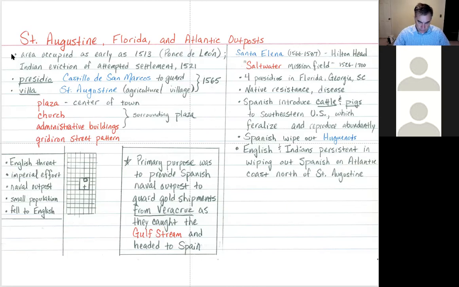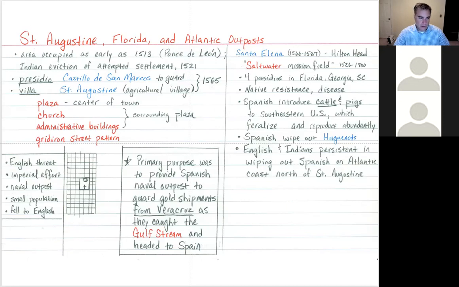And all the while, the English are acting like parasites on this very, very rich flow of goods looted from the native peoples.